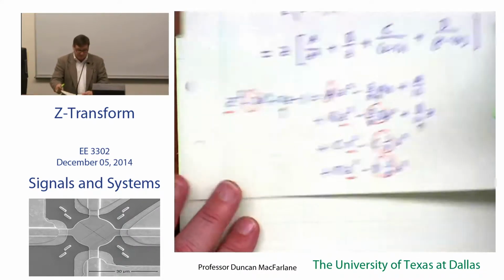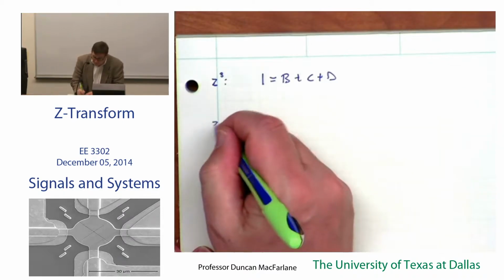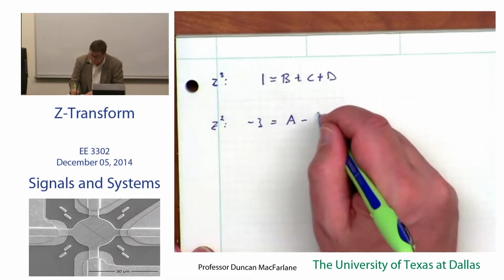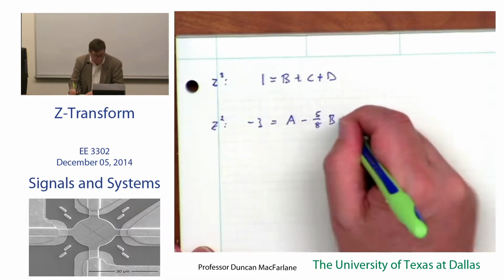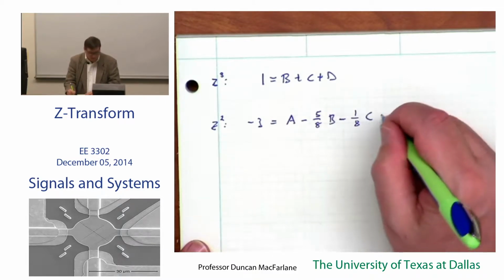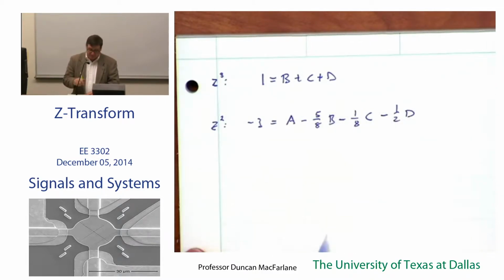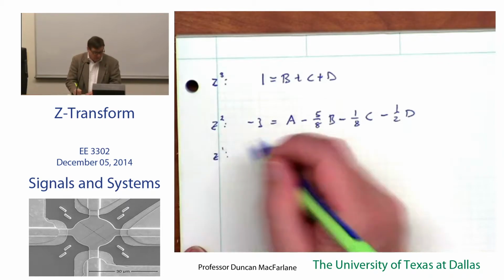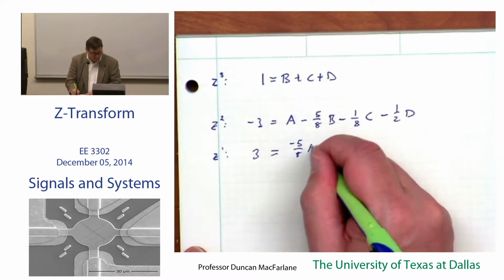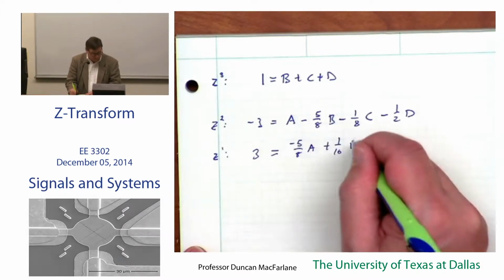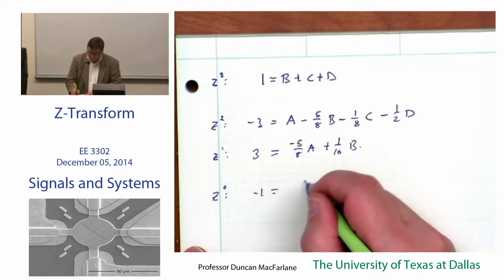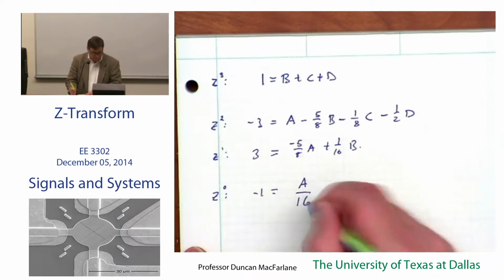The z squared term: minus 3 is equal to A minus 5/8 B minus 1/8 C minus 1/2 D. The z to the 1 term: positive 3 is equal to minus 5/8 A plus 1/16 B. And the z to the 0 term is minus 1 is equal to A over 16.